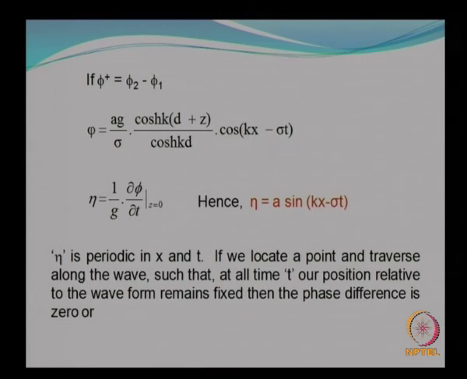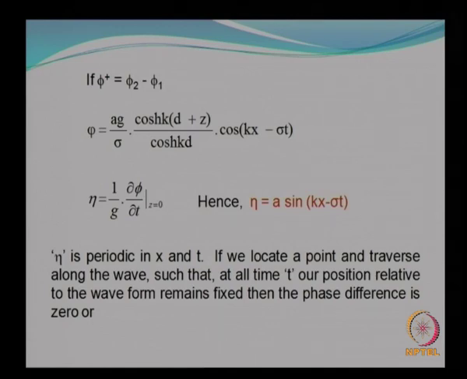So k is called the wave number and it is given as 2 pi divided by wavelength. Then what is sigma? Sigma is 2 pi by capital T, where capital T is nothing but the wave period. Now what is the value of small t? Small t will vary from 0 to capital T. So one cycle for time is also taken into account.